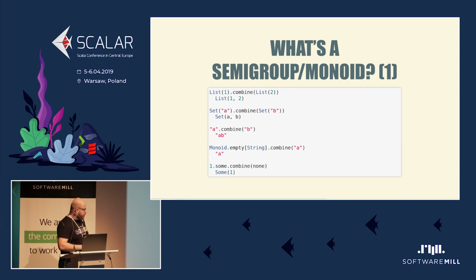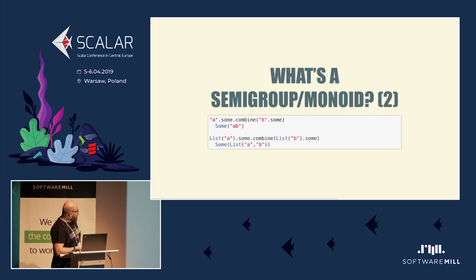And where the fun begins is that you can also do this for options. So you can combine an option with another option, and you also get a result. So None here is empty. Yeah, so this is pretty obvious. But what happens if we actually combine two Somes?